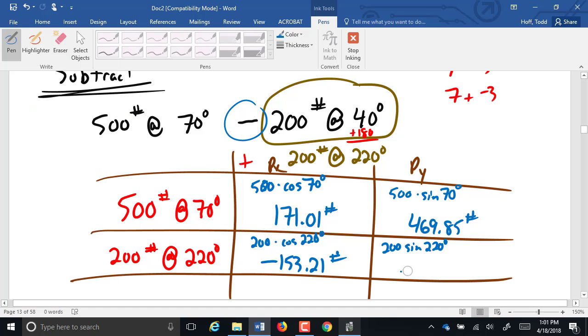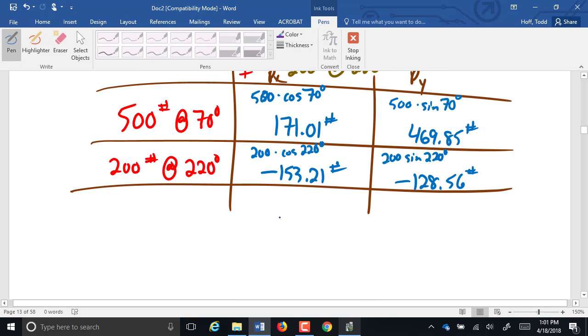Negative 128.56. So our resultant is found by combining those. The x component is 17.80. Our y component is 341.29.